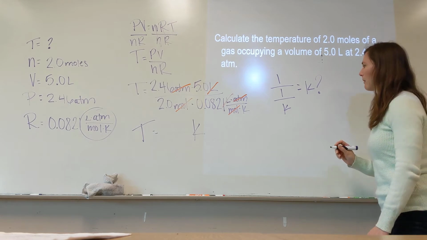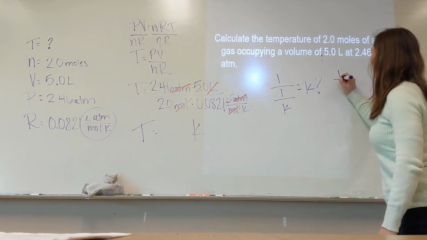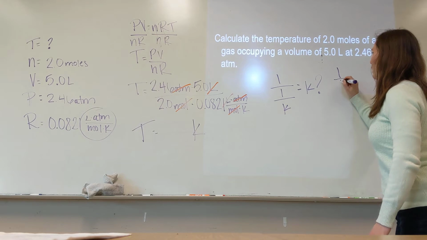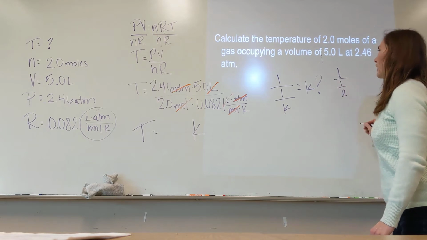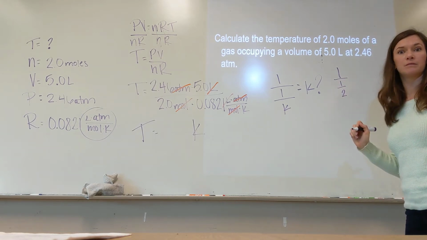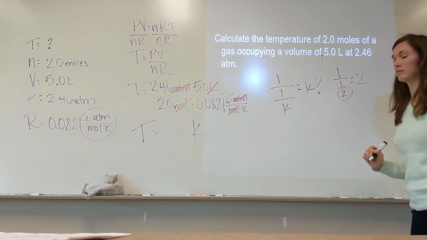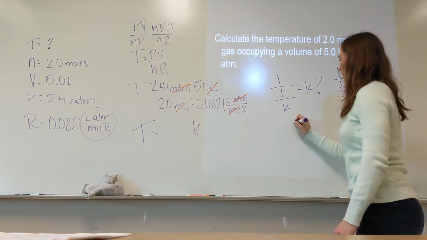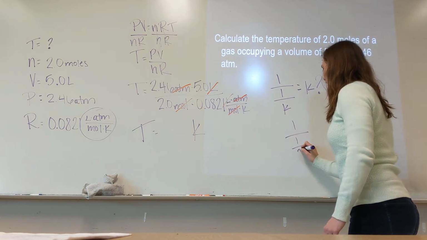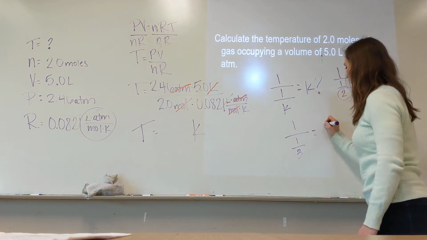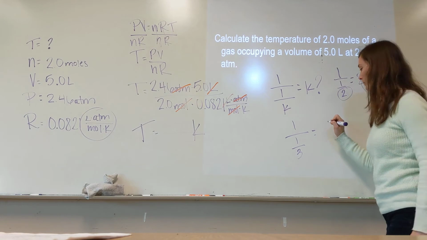Okay. Well, let me ask you this question. If I have 1 divided by 1/2, what would that equal? Well, that would equal 2. If I have 1 divided by 1/3, what does that equal?